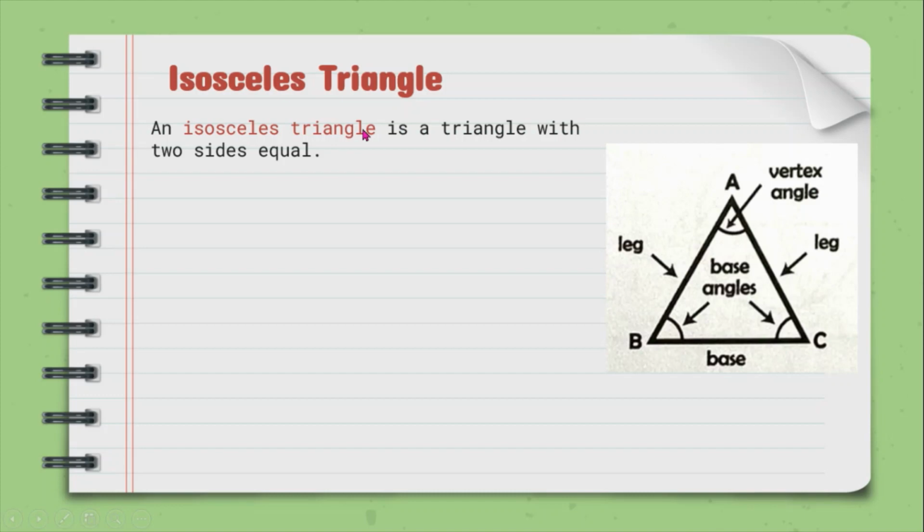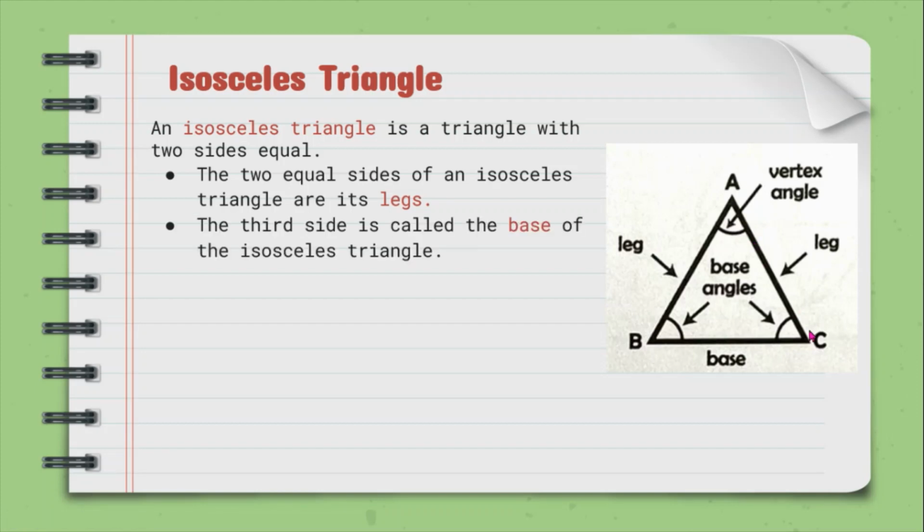Two sides are equal. The two equal sides of an isosceles triangle are its legs. This AB here and side AC here are called the legs. The third side is called the base of the isosceles triangle. So this BC here is the base.